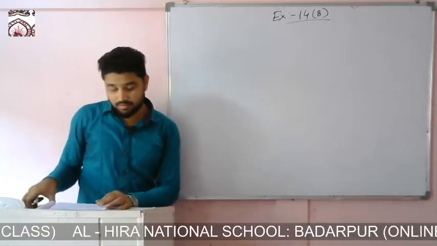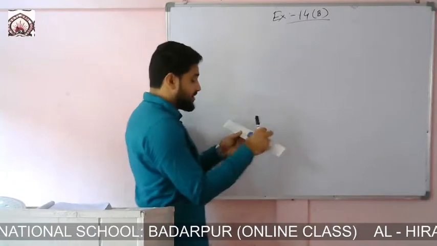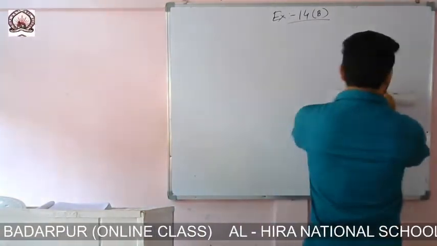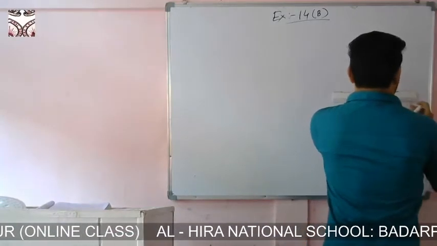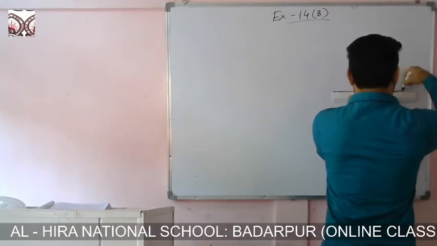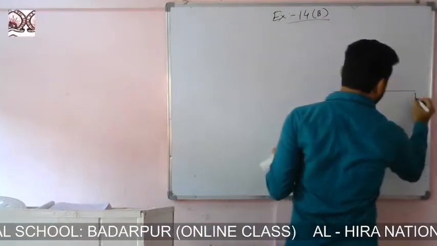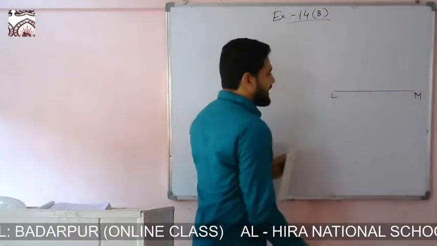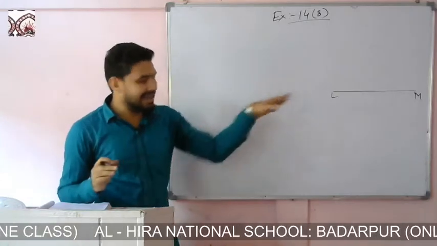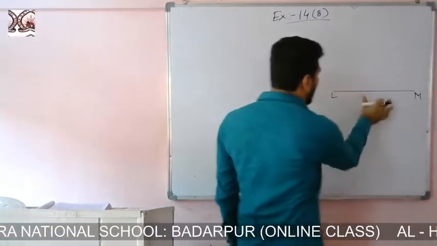First you draw a line LM with any measurement, as earlier. This is L, this is M. Now take a point P not lying on LM.